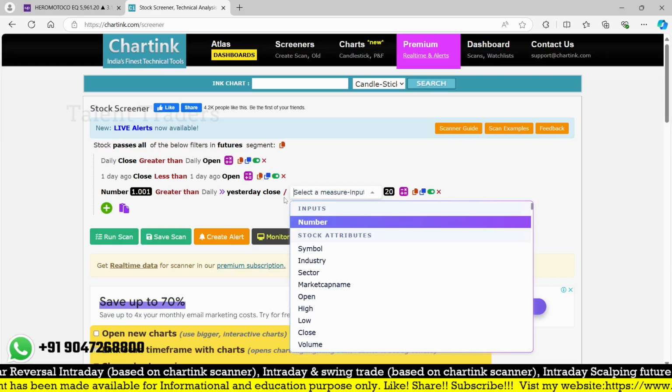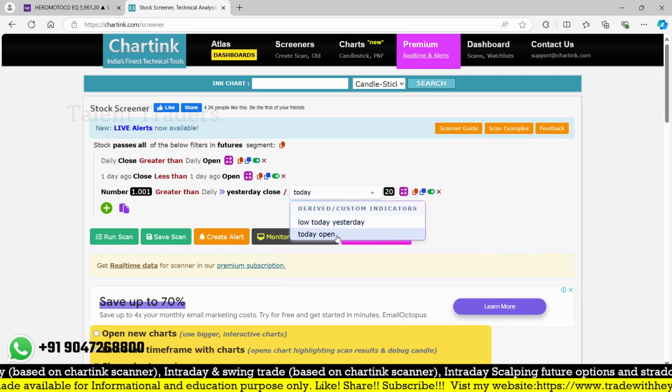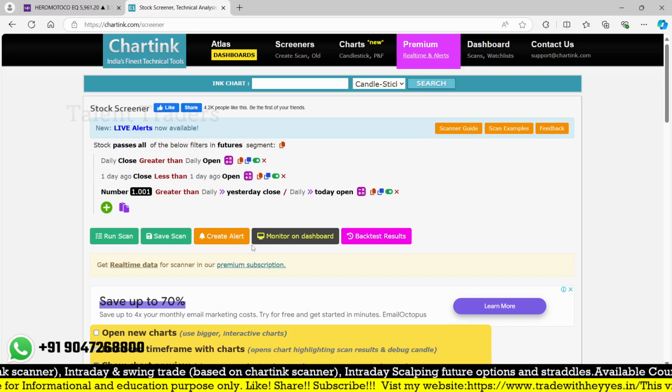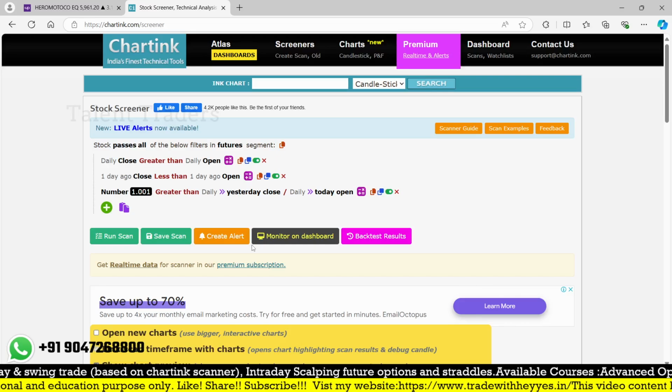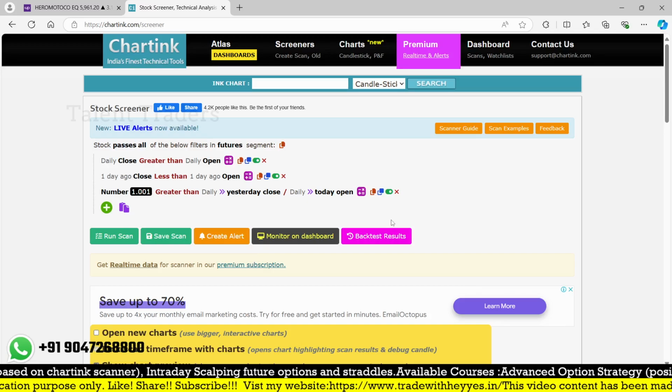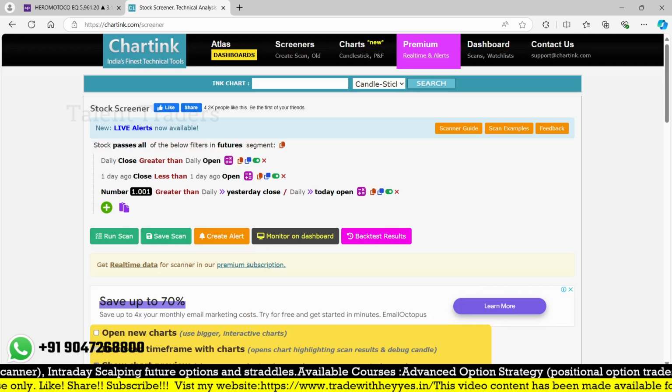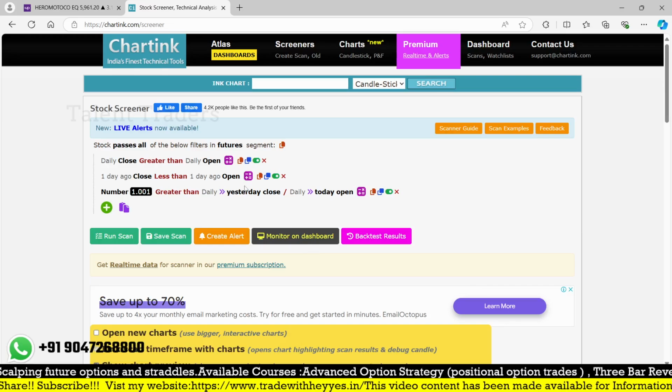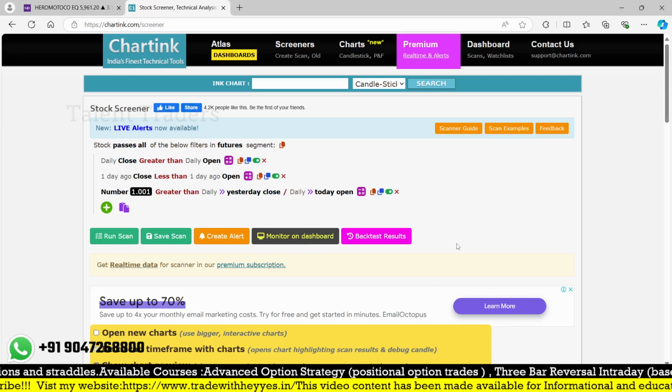Sorry, yesterday's close and today's open. So this is the customized indicator, which compares the previous values and today's values. We are comparing 4 different criteria that are not available by default, but we created a customized indicator.